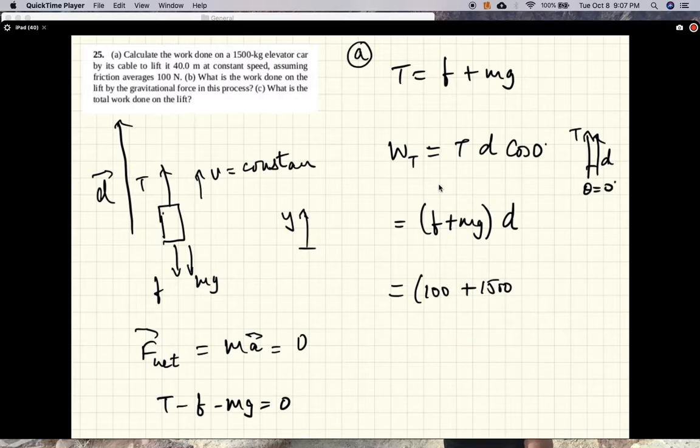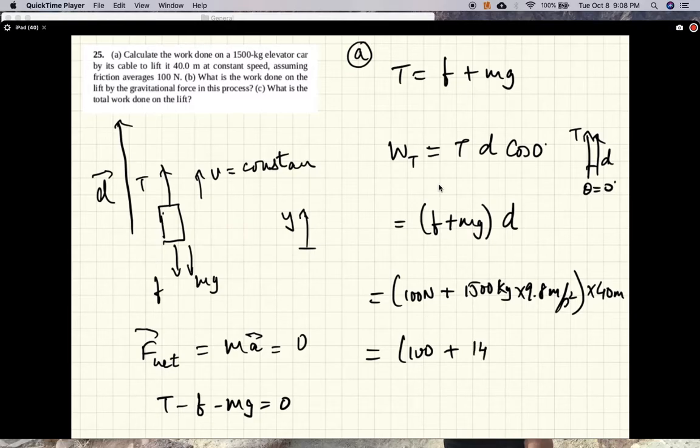This is equal to 100 newtons plus 1500 kg times 9.8 meters per second squared, times 40 meters. So this works out to 100 newtons plus 14,700 newtons, times 40 meters.